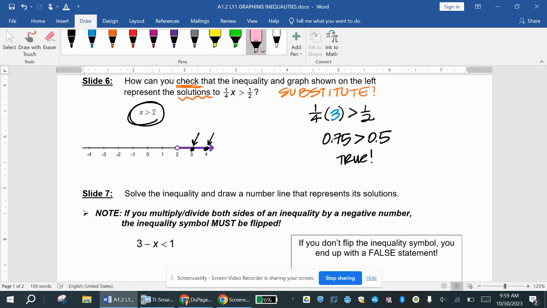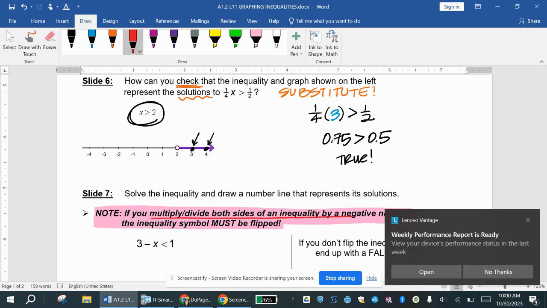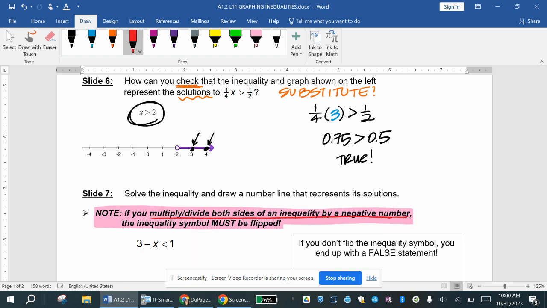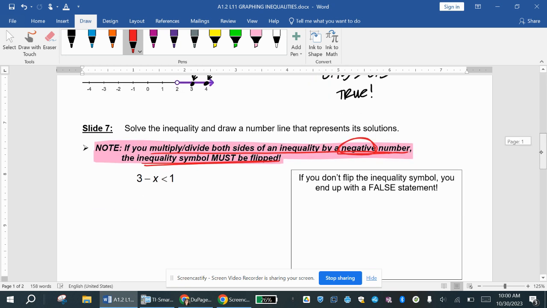All right, so here's the big one, guys. The only difference between solving equations and inequalities is that if you multiply or divide both sides of an inequality by a negative number, you must flip the inequality symbol. Okay?